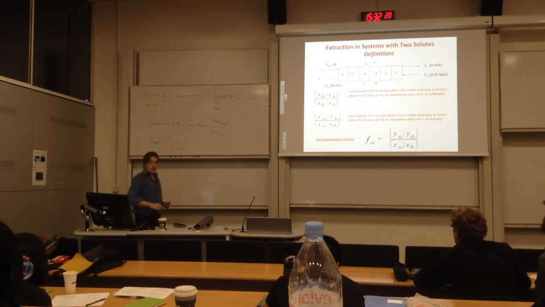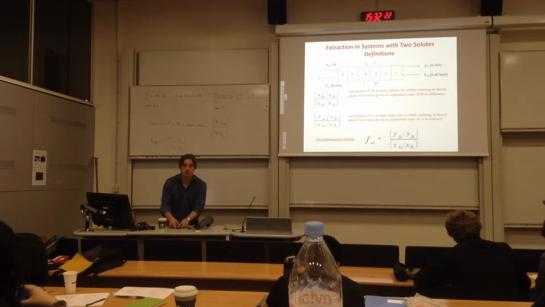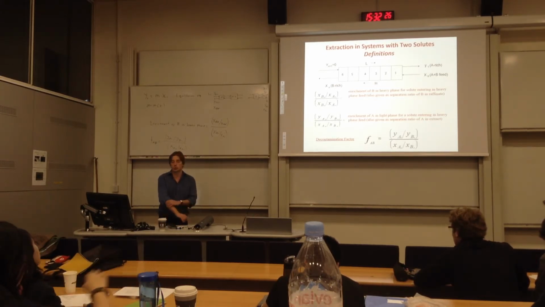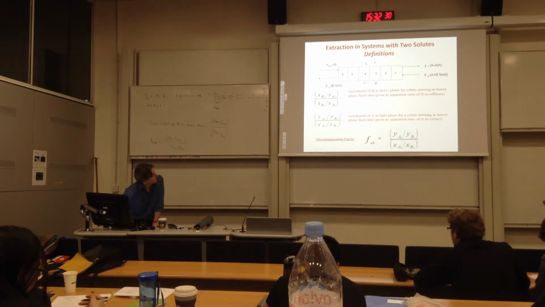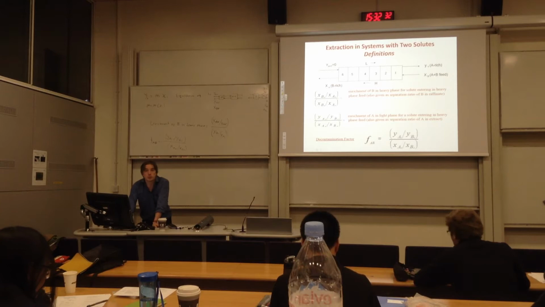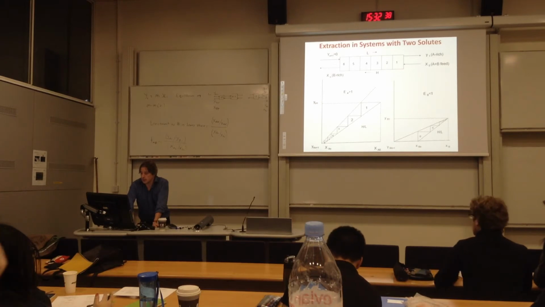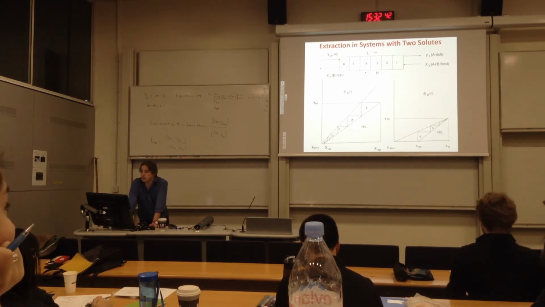Right. So it's clear. These are basically the two definitions that you will need to know when comparing different systems with different solutes. If that is clear, just tell me for this system. Okay, so we have 6 stages.